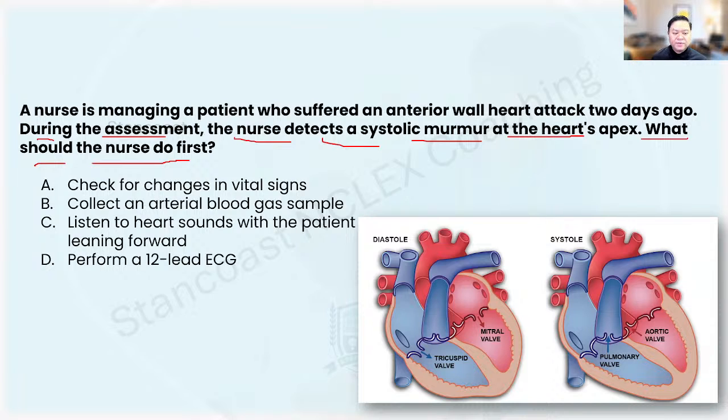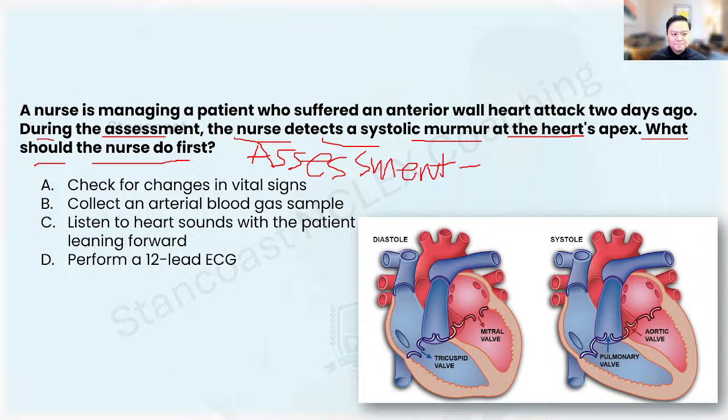It's calling for an assessment skill, and this is something that you can do simply by checking the patient's vital signs. You don't really need to get to the diagnostic tests right away. It's asking for the initial step.